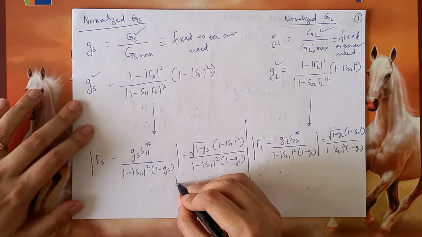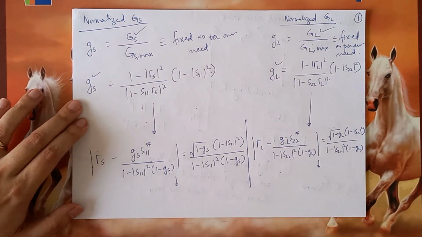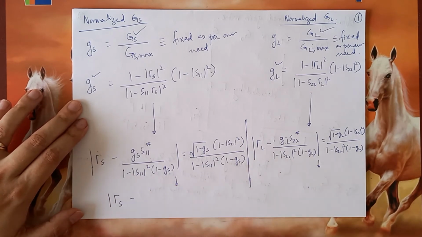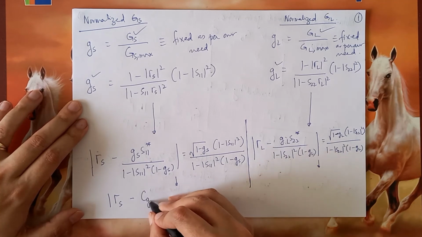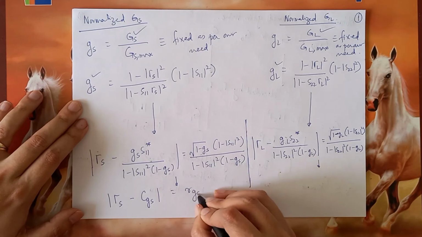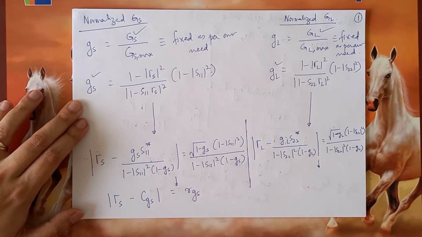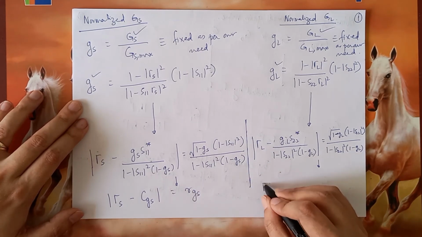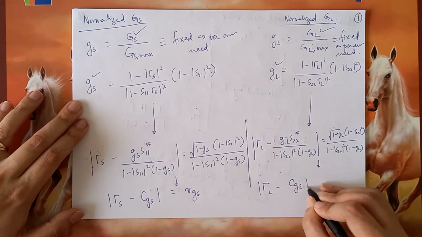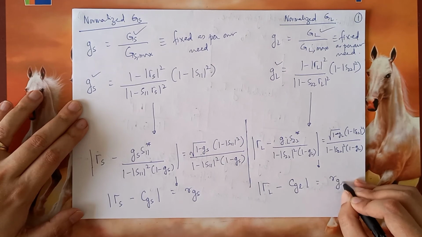So once again we see that the form of these equations are familiar to us. So I can say mod of gamma s minus CGS, this indicates for the normalized gs, equals some RGS. Here mod of gamma L minus CGL is equal to some RGL.